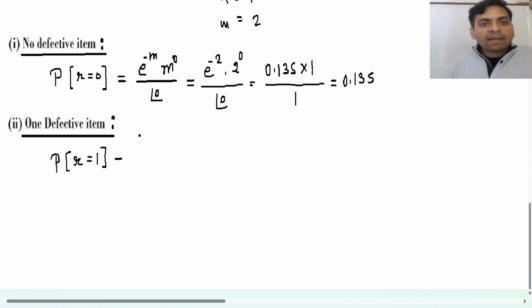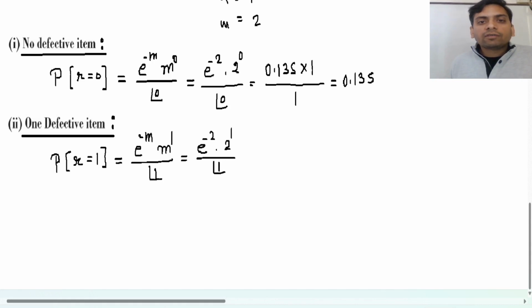Now you will apply the formula in the same way. Clear? So you will write e raised to the power minus m, m raised to the power 1, and this divided by factorial 1, and this equals e raised to the power minus 2, and m is 2, raised to the power 1, divided by factorial 1.